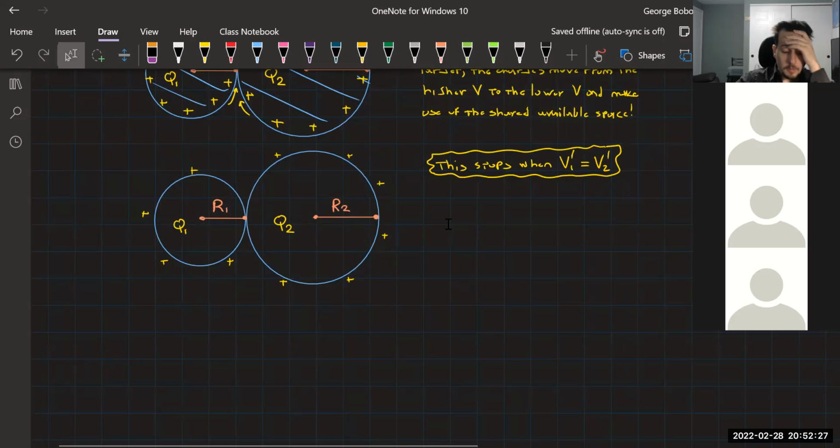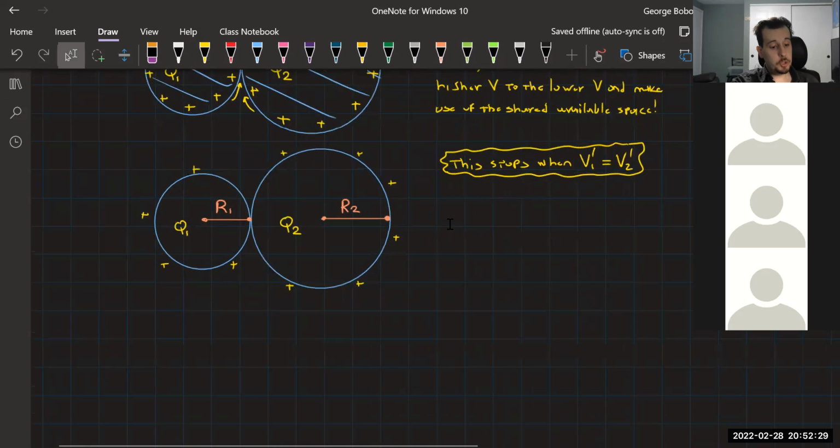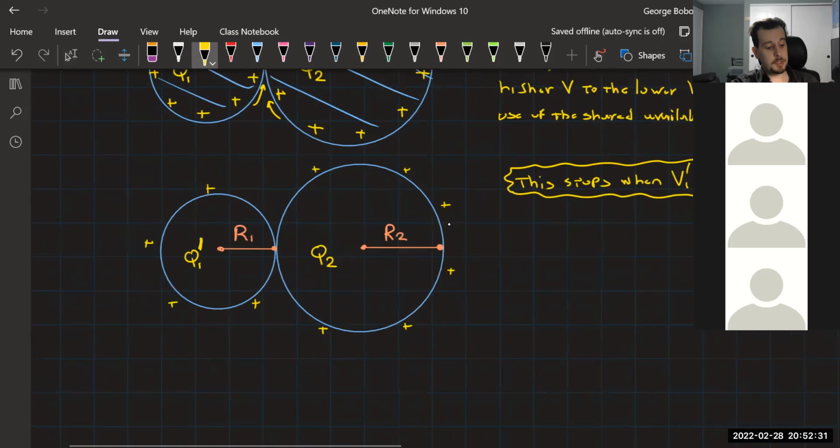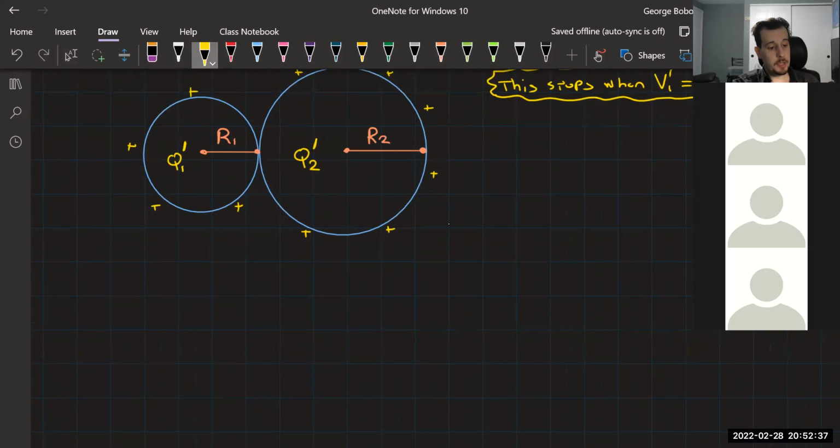Okay, so right now we can tell that the charges are going to be different. This is going to be Q1 prime and Q2 prime, but together, if I were to sum them, shouldn't they give me back the original? What do you think?